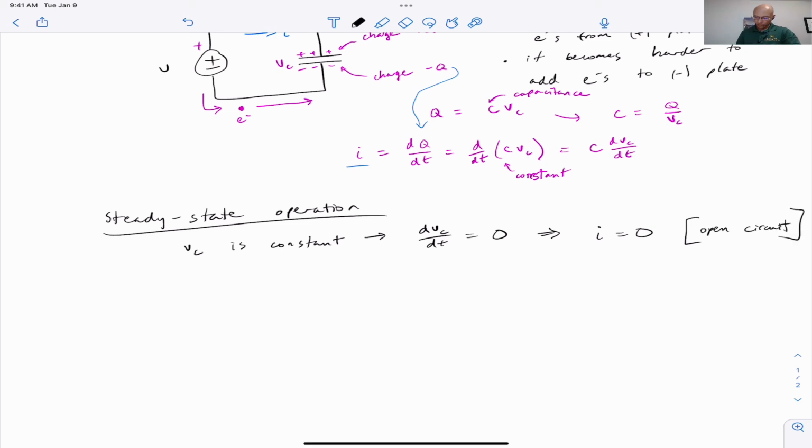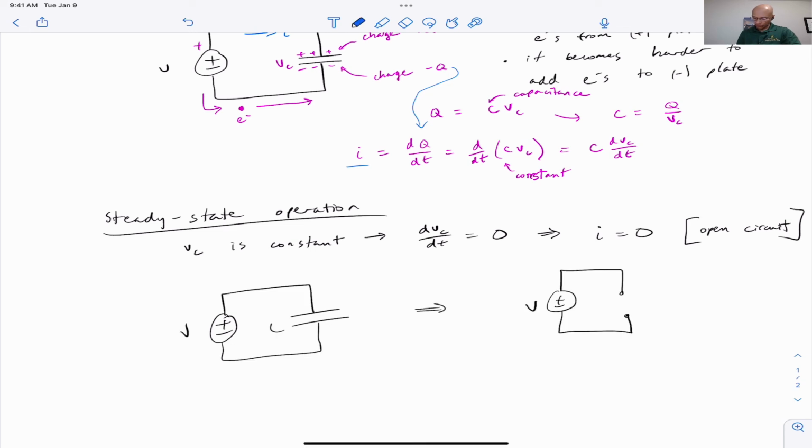So the circuit looks like this, but in the steady state, it looks like this. And we'll just go ahead and mark this voltage VC and this current I. You can see from the circuit that we should expect VC to be VS. And then I is 0 in steady state.